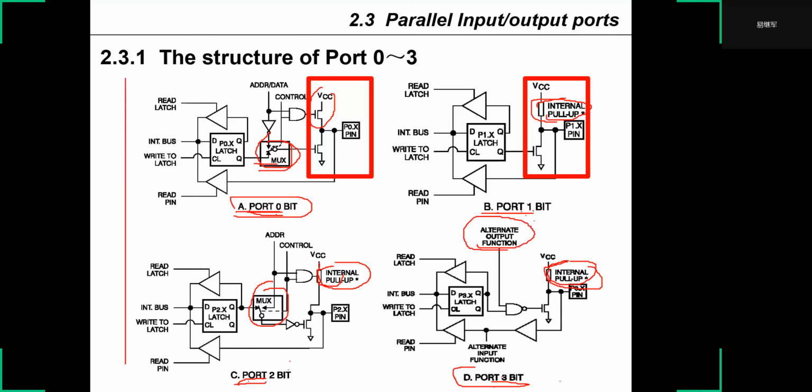When we use address, port 0 and port 2 have something in common. Port 0 can output the low address. Port 2 can output the high address.